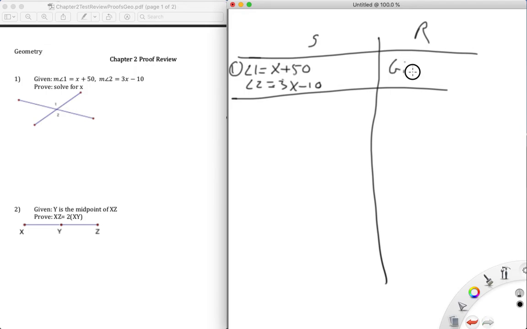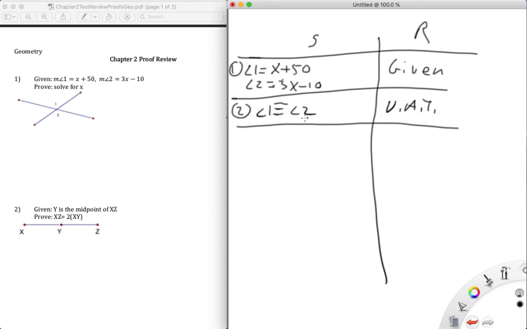If we look at the picture, we see we have angle 1, we have angle 2, and they are vertical angles. So I can say that angle 1 is congruent to angle 2 because of the vertical angles theorem, which says that if they're vertical angles, then the angles are congruent.